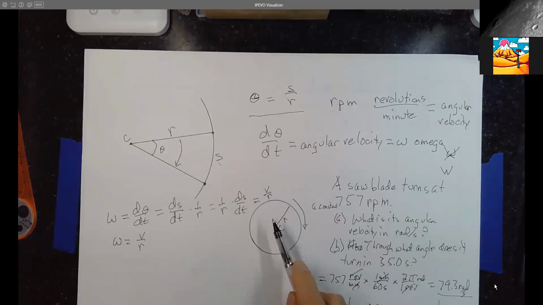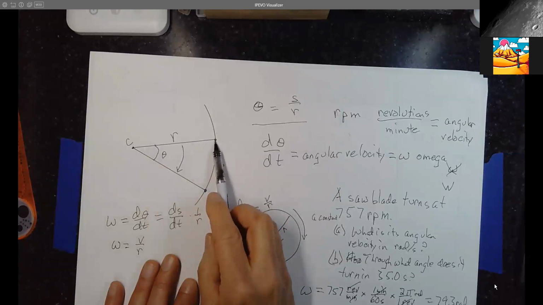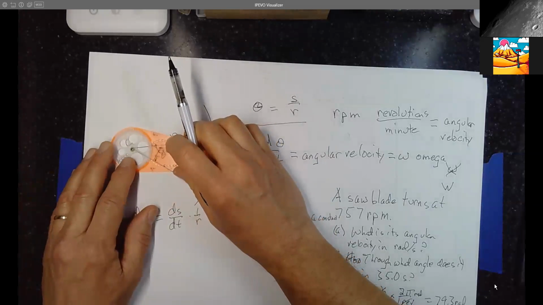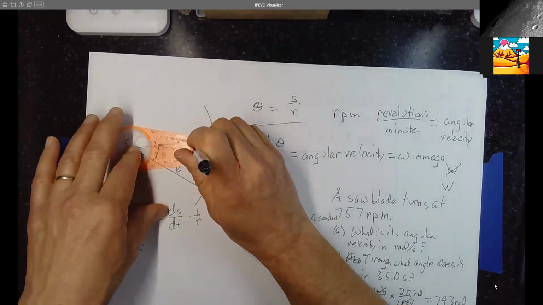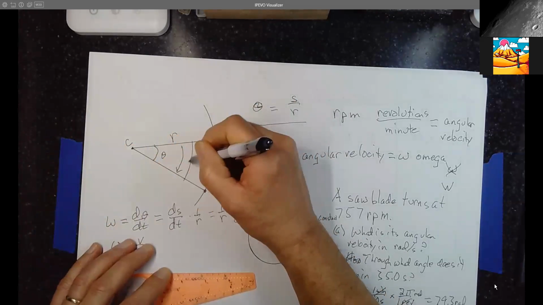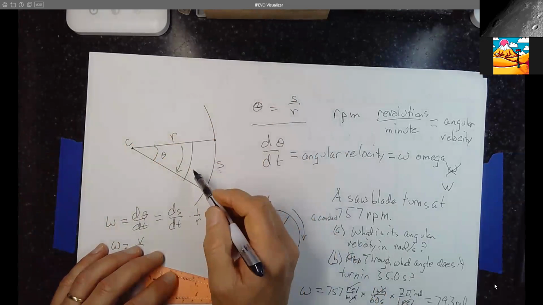Now, that speed is going to depend on how far out the thing happens to be. If we pick a spot that's not so far out, like say here, it'll turn through the same angle in an amount of time, but it's not going as fast.